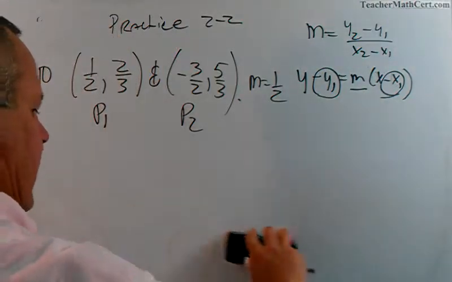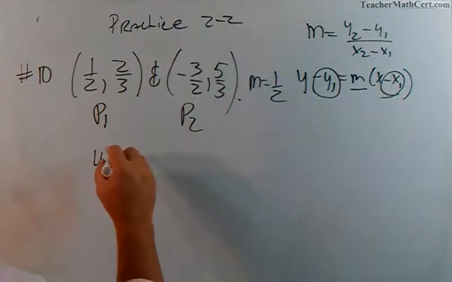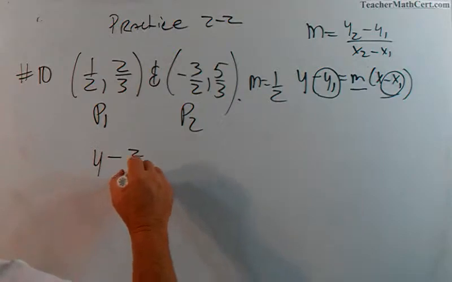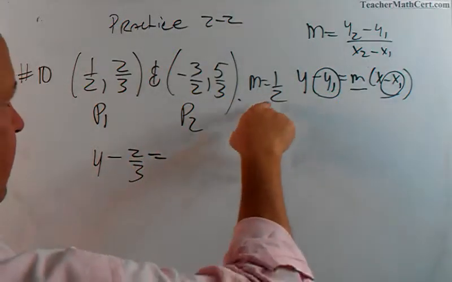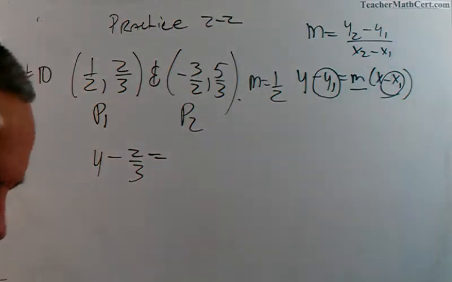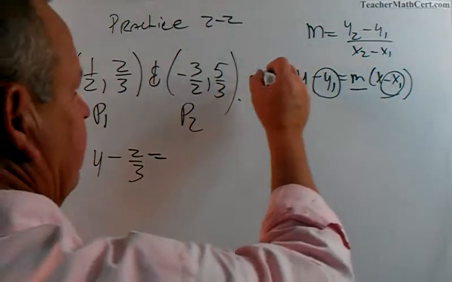All right, now all we got to do is plug and chug, put in this formula. Y minus y1 is going to be 2/3 is equal to m, the new slope, which is, I think, is that negative? I think it's negative. Hold on for a second. That's 10. Yeah, it was negative 1/2. My bad.